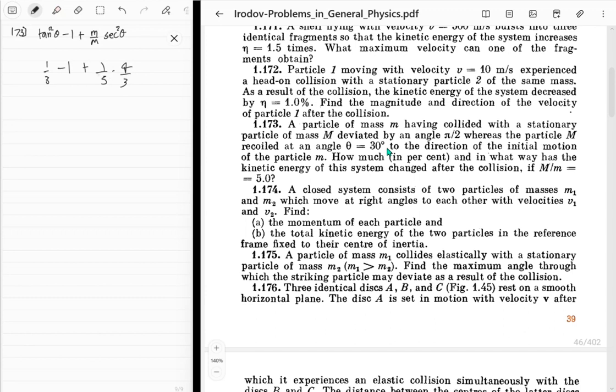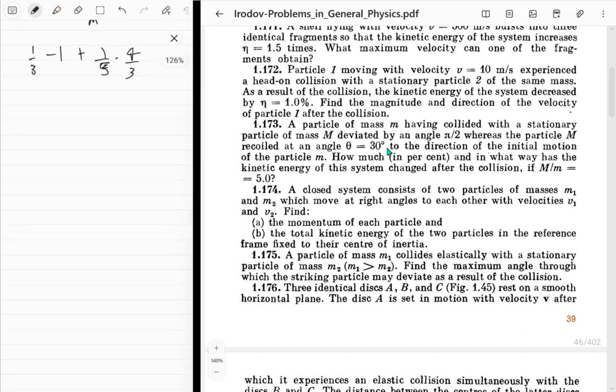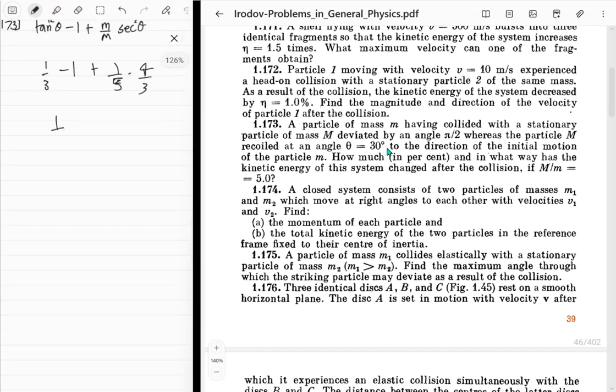It's supposed to be 5 right there, sorry. So this is 1 upon 3 plus 4 upon 15 minus 1, which is, okay, 5 upon 15, 9 upon 15 is going to be 3 upon 5, and that minus 1 is going to be minus 2/5. Okay, so it decreased, which is to be expected. It's not exactly an elastic collision.